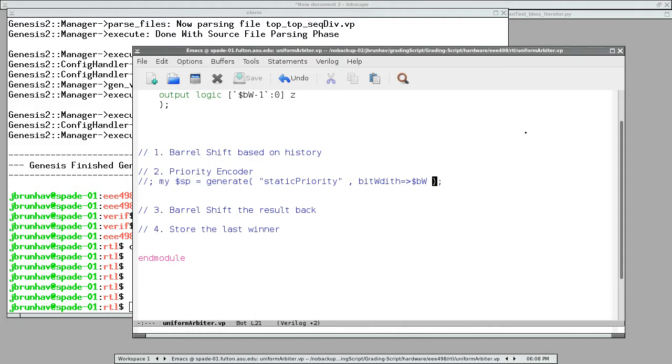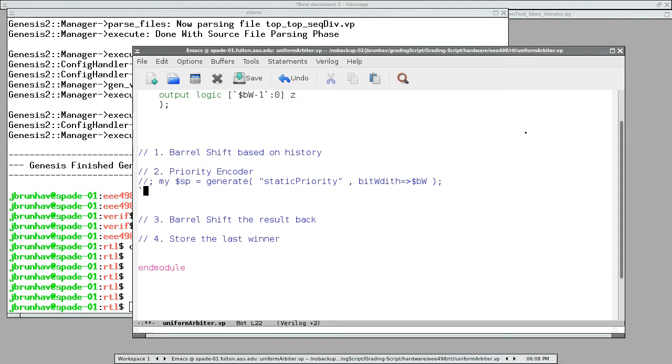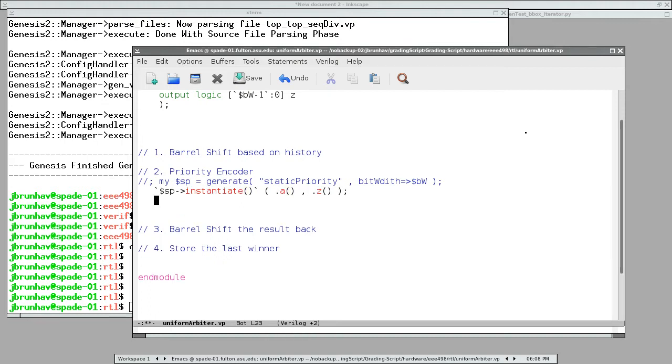So now we've set the bit width to bit width, and then we can instantiate. So my $SP instantiate. And then we need to decide what we are going to put on these. All right.